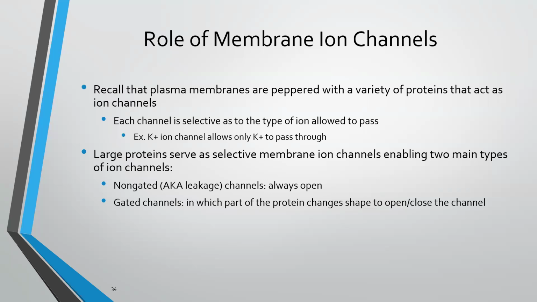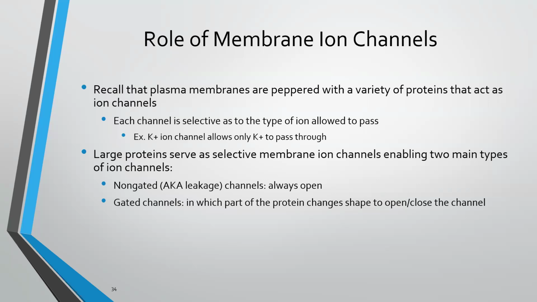So a sodium ion channel only allows sodium to pass, where a potassium ion channel, K is potassium, only allows potassium to pass. The sodium ion channel only allows sodium to pass, okay?